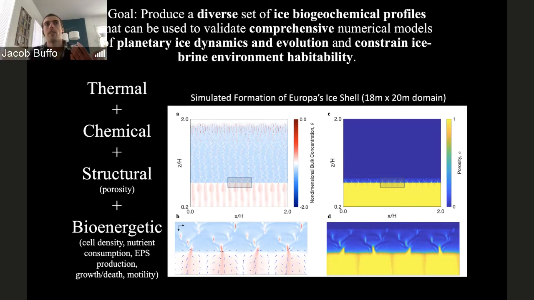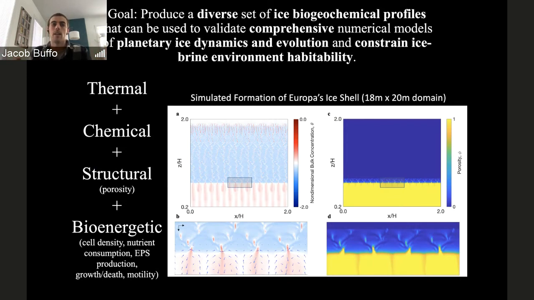So on top of knowing how much biology is in the different layers, we'll know who is where, and hopefully determine, are they active or are they just in stasis, prisoners in the ice, at the whim of whenever it melts out.